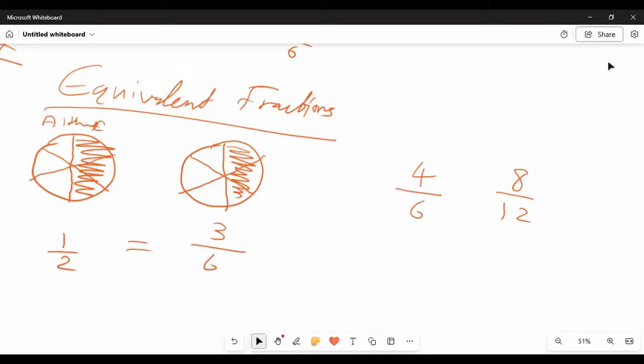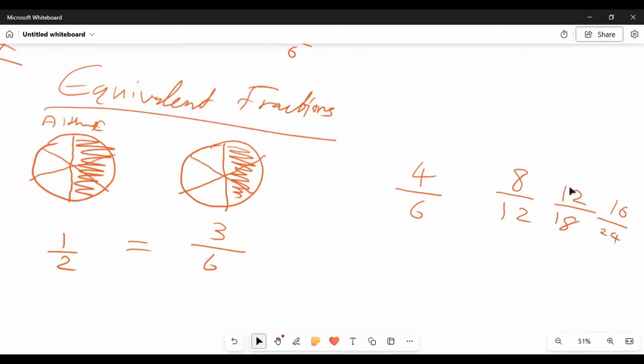Very good. Good try, Musharraf. It would be like 16 over 24, not 12 over 24. So we can say this as 12 over 18, or 16 over 24.